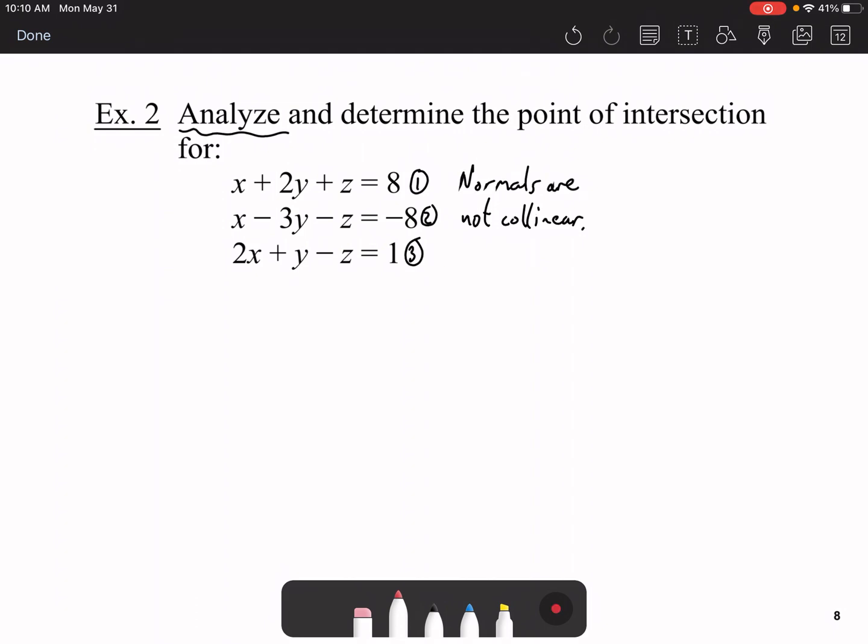Okay, so we should check to see if they're collinear, or sorry, coplanar. So I'll check out the vector 1, 2, 1. I'm going to cross it with 1, -3, -1. And then I'm going to dot it with the vector 2, 1, -1. So I'm going to work out my calculations here.